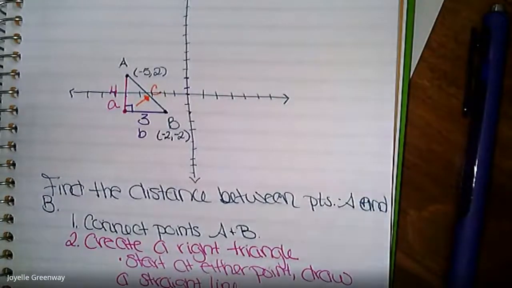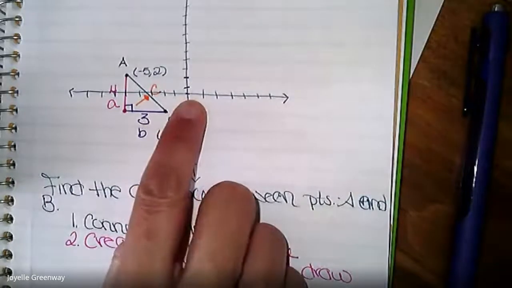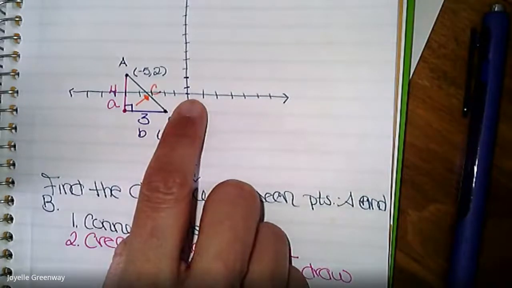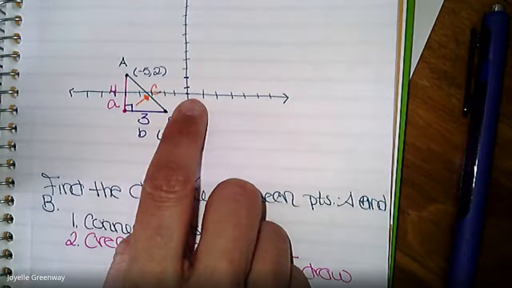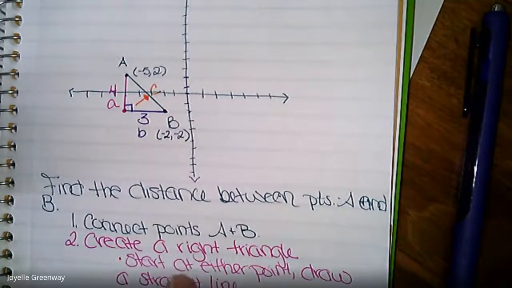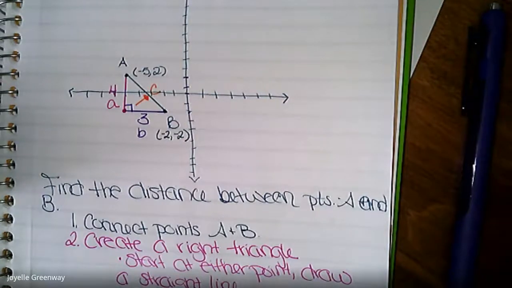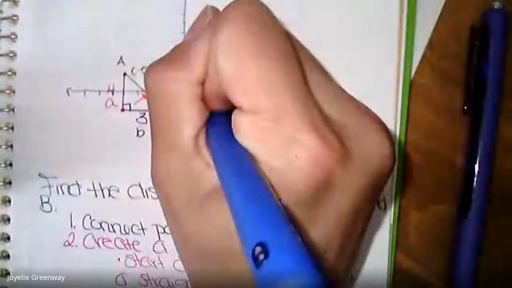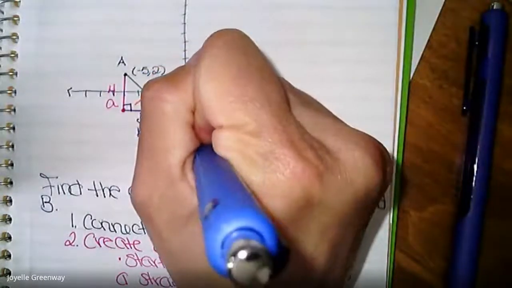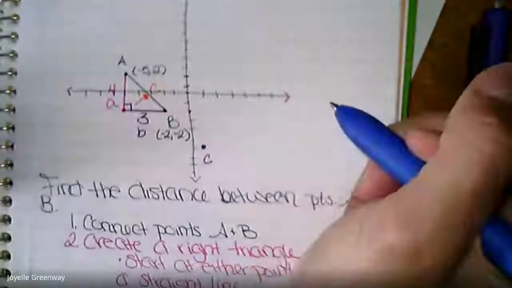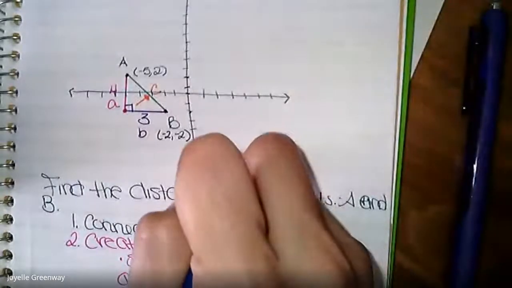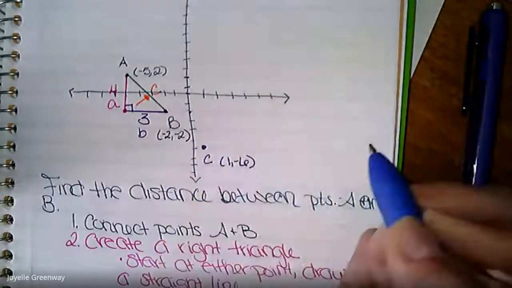So let's try on the same coordinate plane. Let's put a point at (1, -6). I'm going to go 1, -6, 2, 4, 6. I'm going to call that point C. And that was (1, -6).